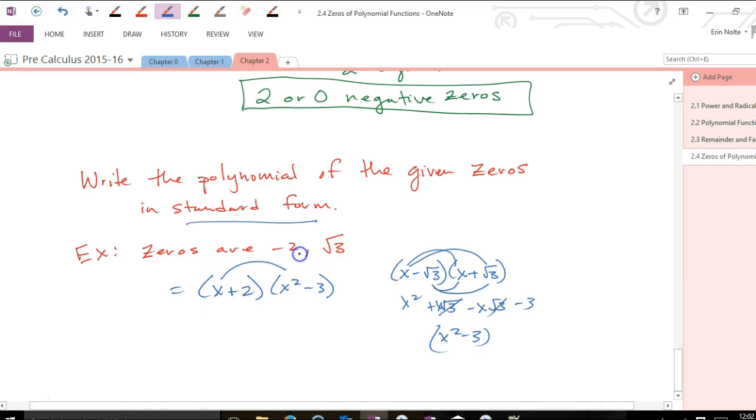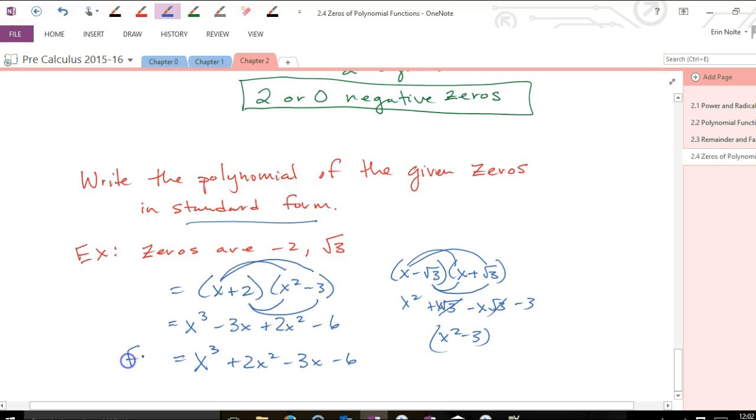Yep, so you'd have x times x squared, so x cubed. X times negative 3 is negative 3x. 2 times x squared is 2x squared. 2 times negative 3 is negative 6. And then correctly putting those in the right order. Okay, you need to have biggest to smallest, x cubed plus 2x squared minus 3x minus 6.